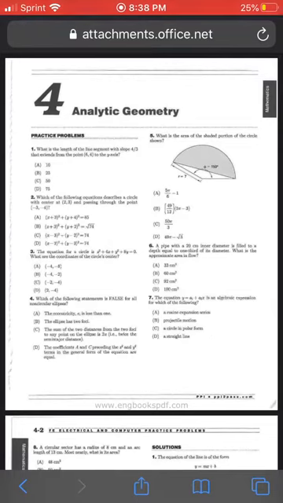So the slope is 4/3. And then we need to worry about the point (6, 4) that extends to the y-axis.